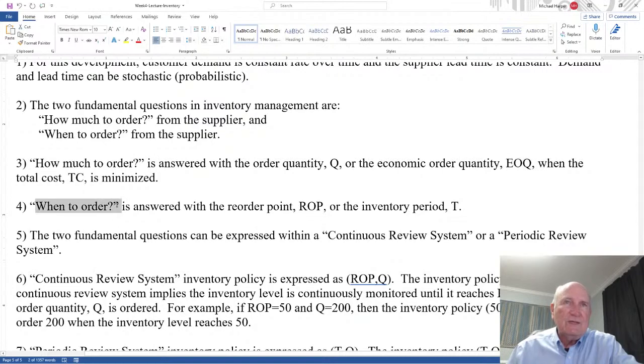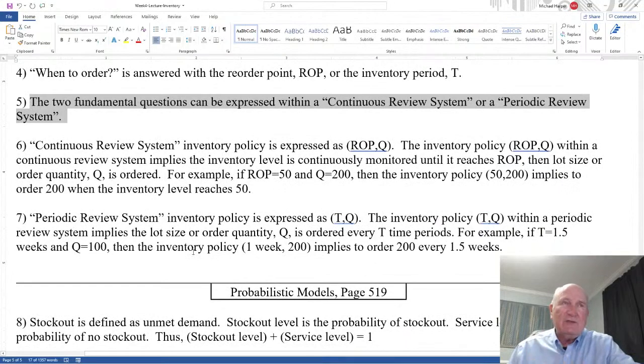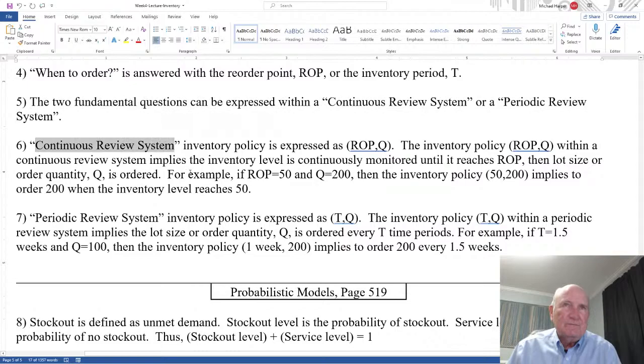When to order is answered with either the ROP or the inventory period T, either one. The two fundamental questions can be expressed with either a continuous review system or within a periodic review system. So this will be on the homework and on the exam. The idea here is this: the continuous review system, the inventory policy, is expressed as ROPQ.